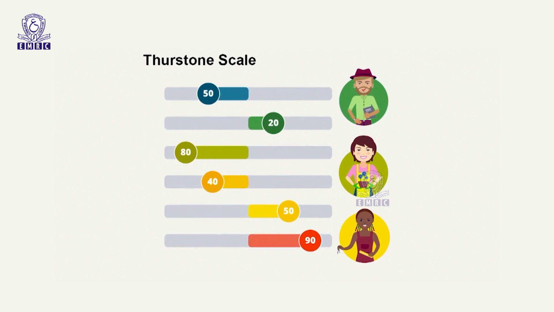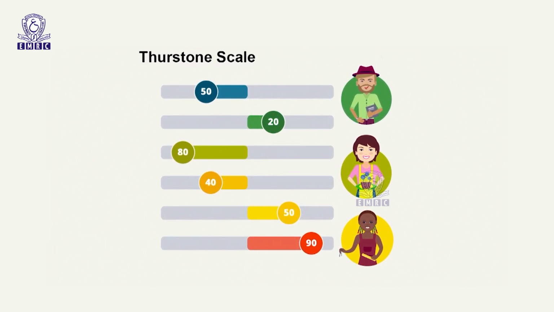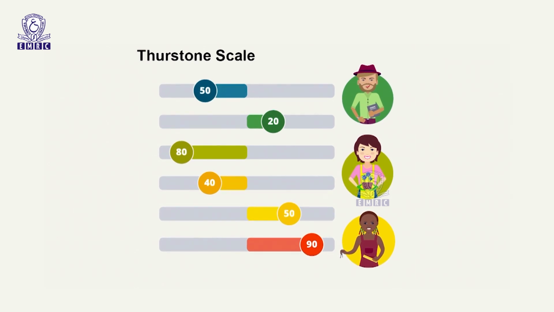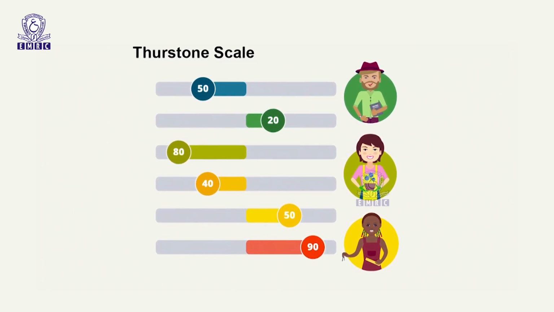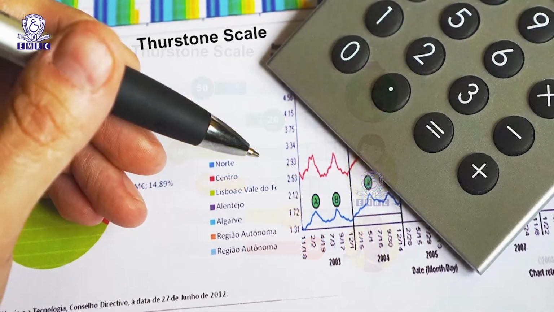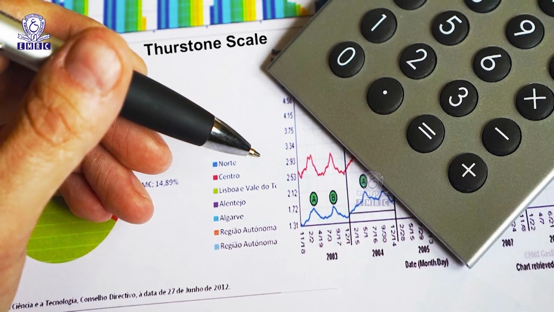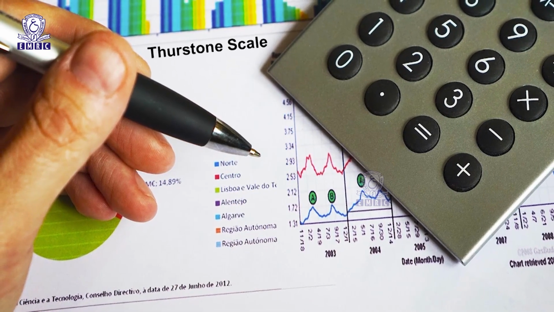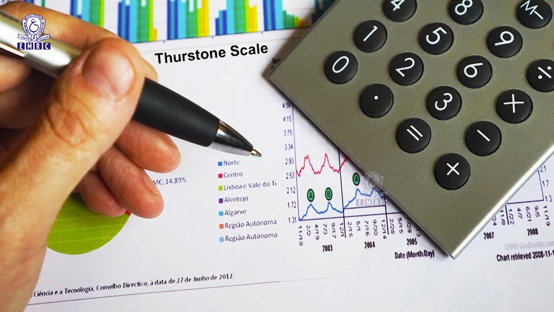Once the respondents have scored the items, the researcher examines the scores assigned to each item by all the respondents to determine which items the respondents agreed upon most. The Thurstone method has been widely used for developing differential scales which are utilized to measure attitudes towards varied issues like war, religion, and so on.